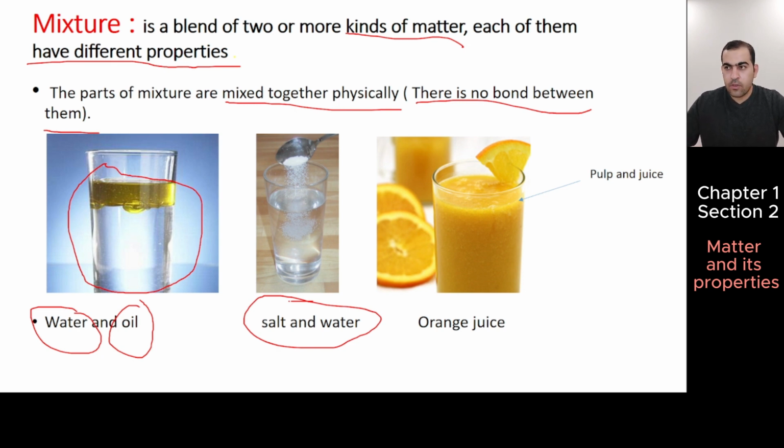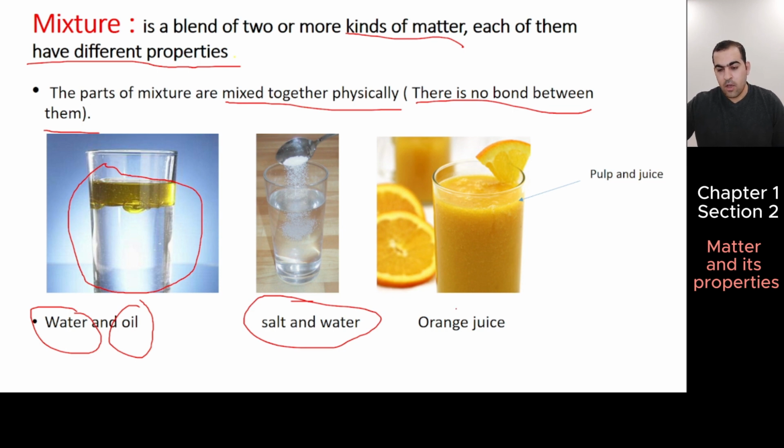When it dissolves, we say it is lost in water, but actually it's not. We have salt in the water. When it dissolves, they have not bonded together. If you boil this salt water, you can get back the salt and the water. They have not reacted together. Nothing new has formed.